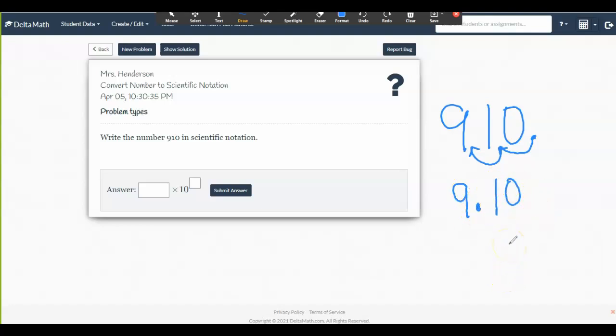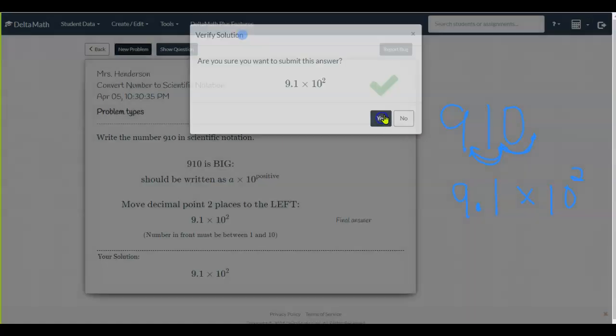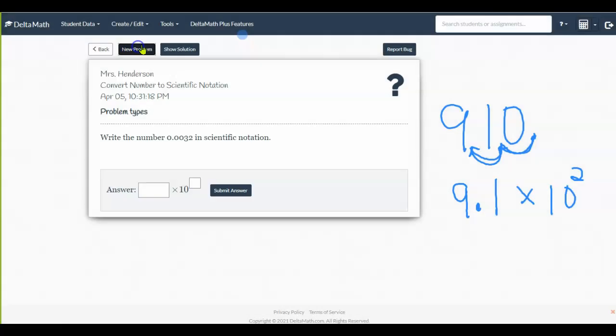Now when we write our coefficients, we leave these extra zeros off at the end. So my final answer is going to be 9.1 times 10 to the 2 power. My coefficient is 9.1. My exponent is 2. Let's submit our answer. Awesome.